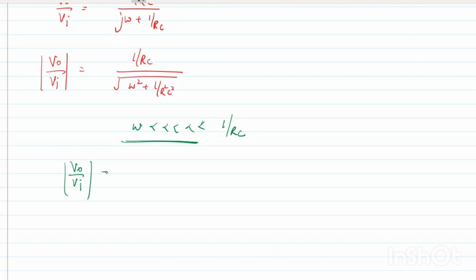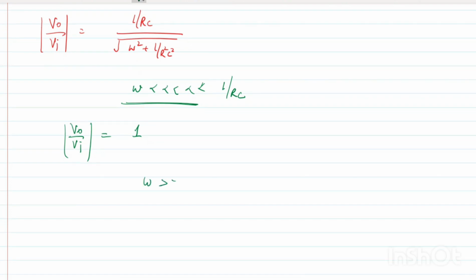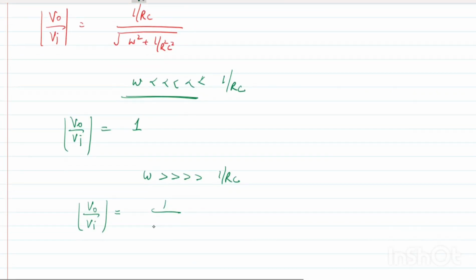Then what will be VO by VI? 1. Now I say that omega is much greater than 1 by RC. Then what can I neglect? 1 by RC. I can neglect 1 by RC and I can say that my gain is 1 by omega RC. I removed the J.